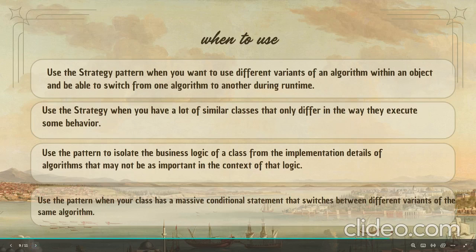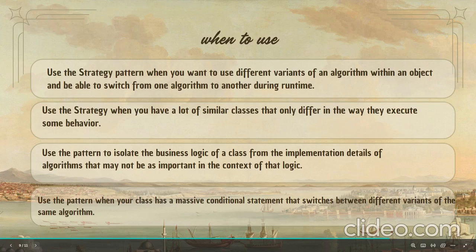When to use it? Use the strategy pattern when you want to use different variants of the algorithm within an object and be able to switch from one algorithm to another during runtime. Use the strategy when you have a lot of similar classes that only differ in the way they execute some behavior.